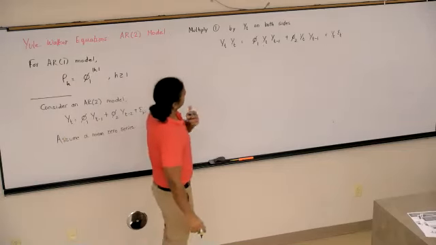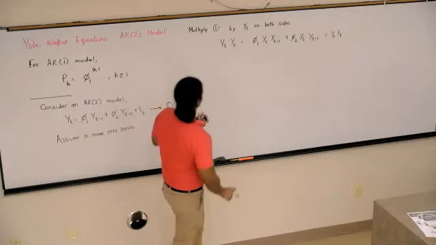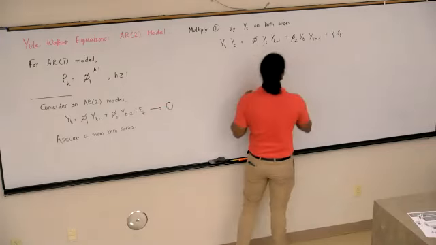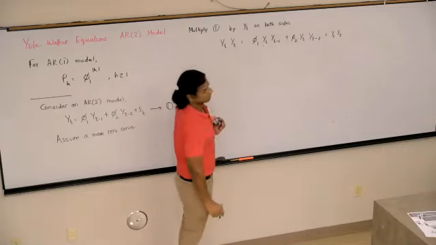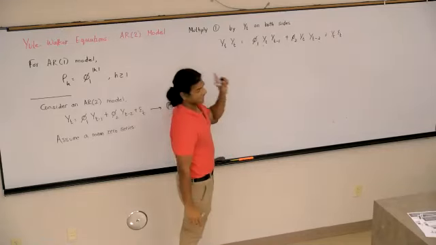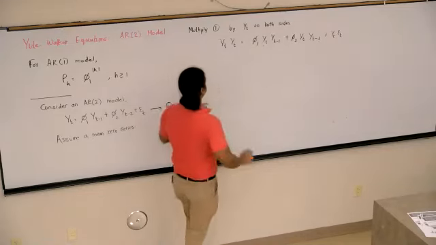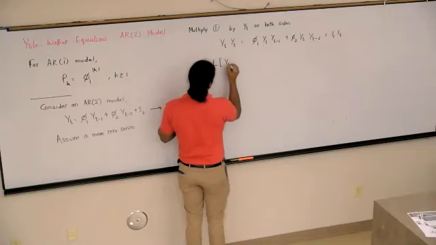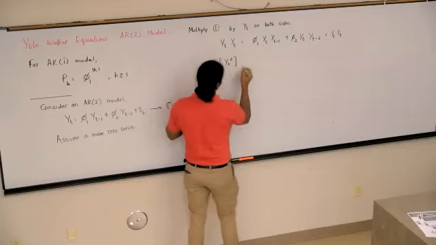Should that be yt minus 2? There's phi2. Oh, thank you. So I'm going to take expectation on both sides. Yt times yt is yt squared.